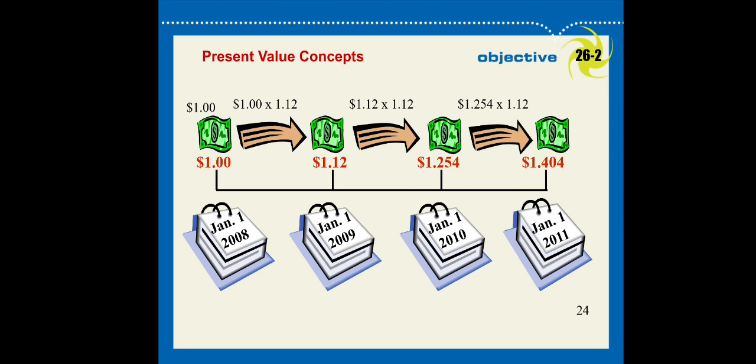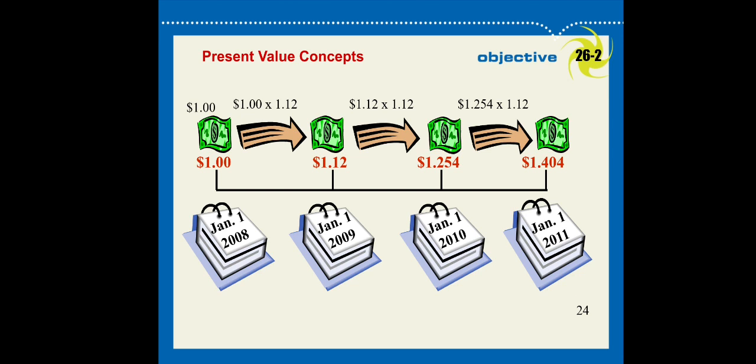So if the person keeps investing the dollar that he or she has, at the beginning of year 2011, the cash will increase to become $1.40.4.